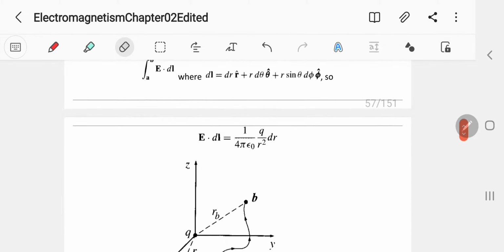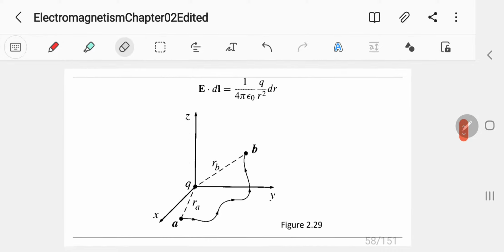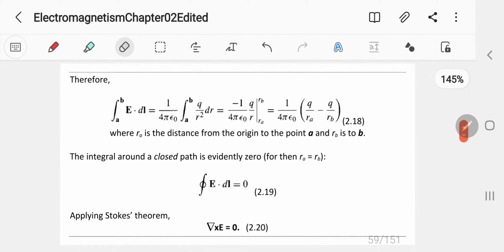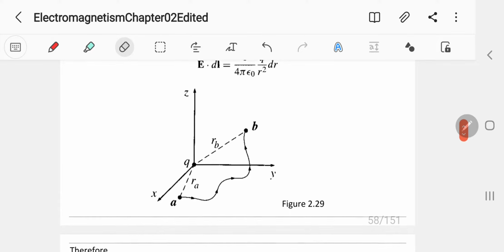So our E dot dl will be 1 over 4 pi epsilon, q over r squared, dr. If we integrate that, by the way, let's go back to the figure.